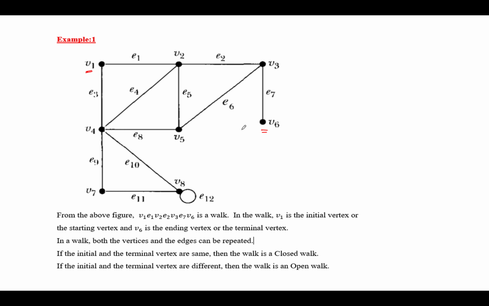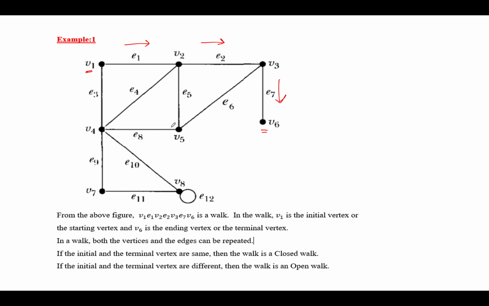And we usually write it as a vertex, which edge we need to go through, and then the next vertex. So this walk is V1 through E1, we reach V2, and through E2, we reach V3, and through E7, we get V6. So this is called a walk, moving like this.